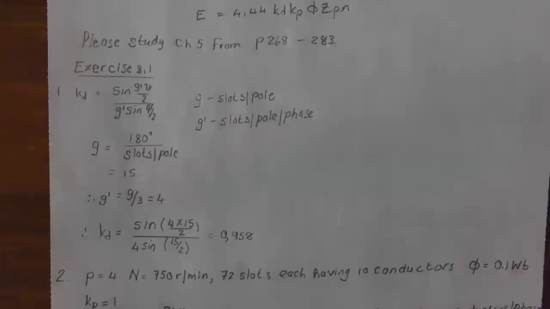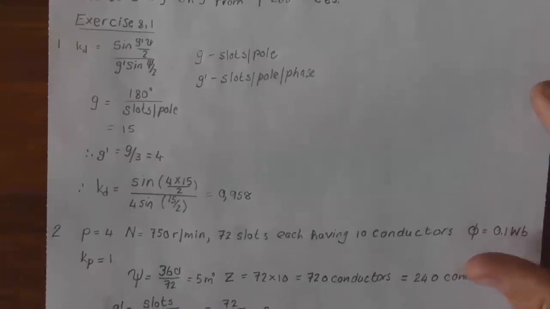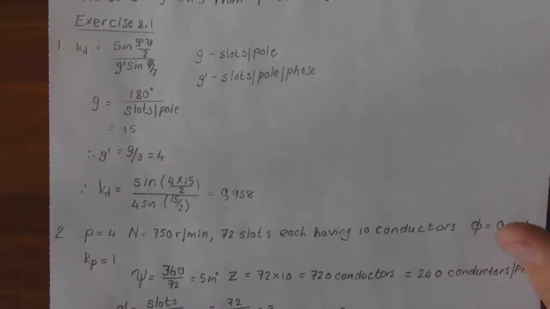So psi in this case is 180 degrees divided by the number of slots per pole. That gives us 15, and therefore G dash is 12 divided by 3, which is 4. So Kd is 4 sine 15 divided by 2 over 4 sine 15 divided by 2, that gives us 0.958.